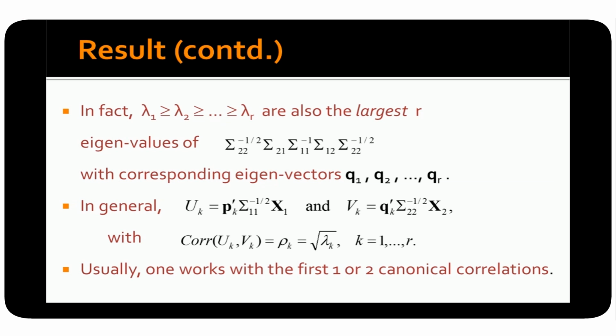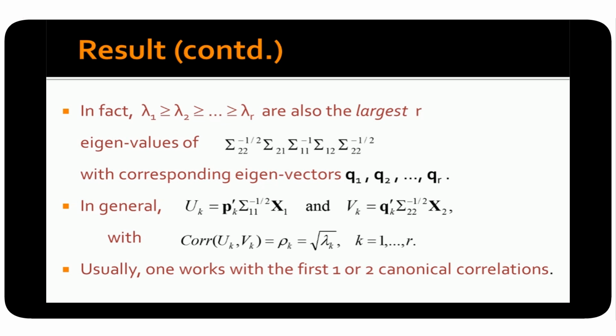To do that, what we observe is that, interestingly, this lambda 1, lambda 2, ..., lambda r in that order comes out to be also the r largest eigenvalues of the matrix sigma 2 2 to the power minus half, sigma 2 1, sigma 1 1 to the power minus 1, sigma 1 2, sigma 2 2 to the power minus half.